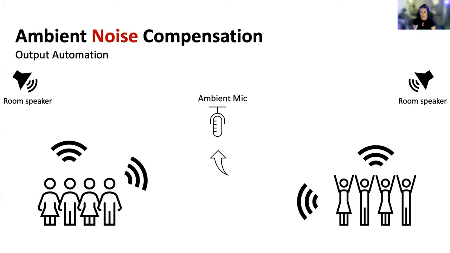So as people are coming in, and we've got some people cheering on the right-hand side and some people chatting on the left-hand side, as those people come or leave and they start making noise or there's less noise, this ambient mic is basically listening to that at all times. So that makes it possible for us to increase the levels of those room speakers or decrease as people are leaving.